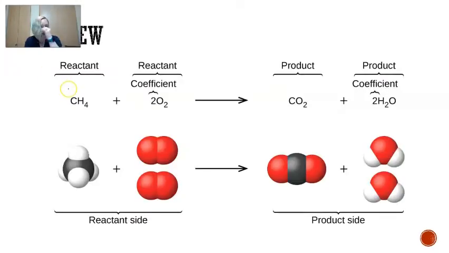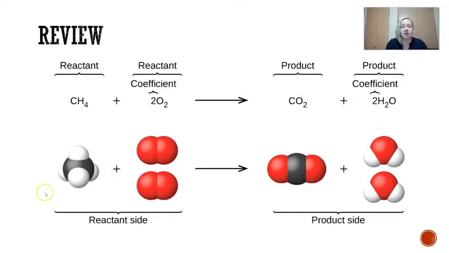So here is a review of all the things we just talked about. Here we've got a chemical equation in words and in letters. This is methane gas burning with oxygen, yielding or producing carbon dioxide and water. We've also got it in the models down here.